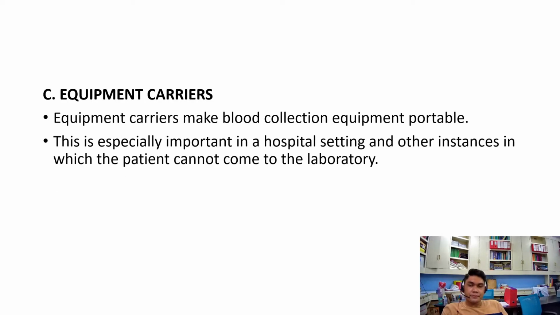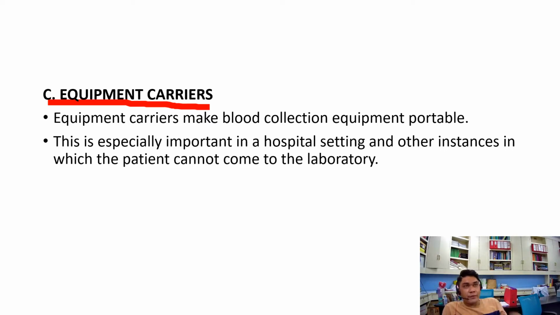Okay. Then next you have equipment carriers. Equipment carriers make blood collection equipment portable. Meaning the use of equipment carriers is to transport blood collection equipment. So for example, you're going to carry or transport evacuated tubes, your needles, syringe, labels, and other containers of specimen.